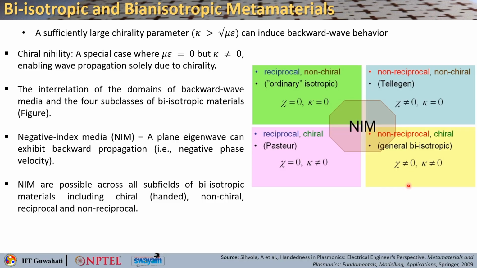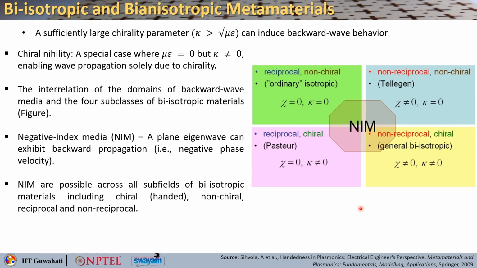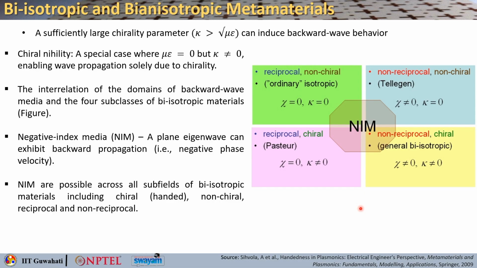Then you can also have this in reciprocal and non-reciprocal kinds of media. So, negative index media are possible in all these different categories. Negative index media are media where a plane eigenwave can exhibit backward propagation. That means it has a negative phase velocity, and that can be possible across all these different subfields.